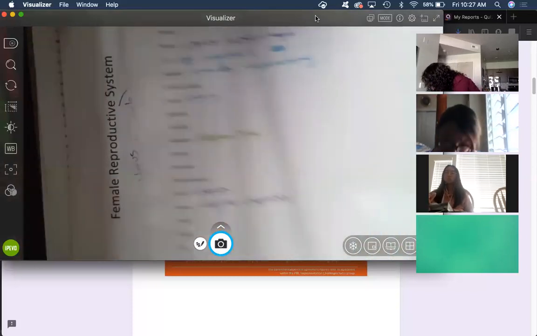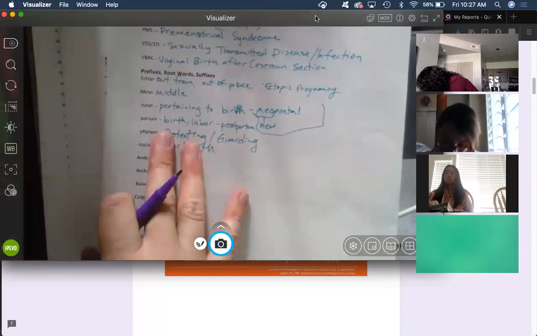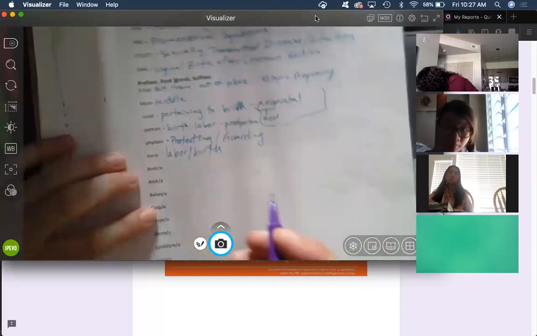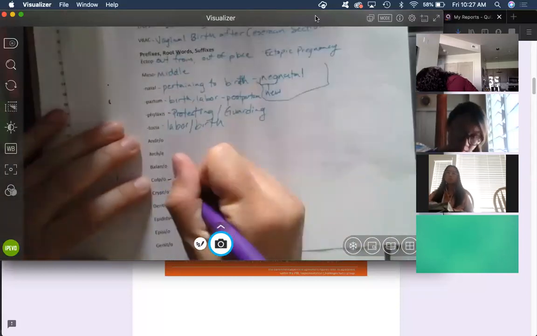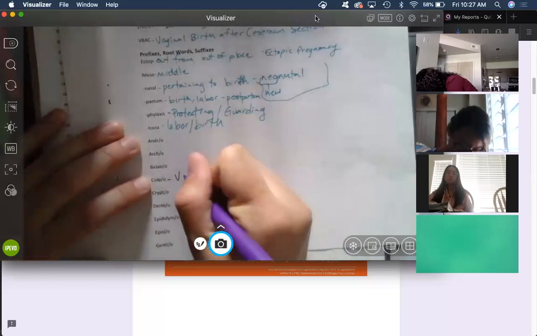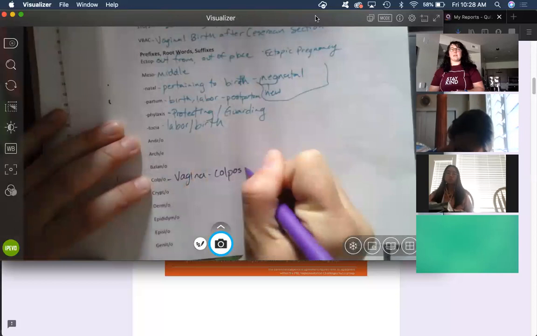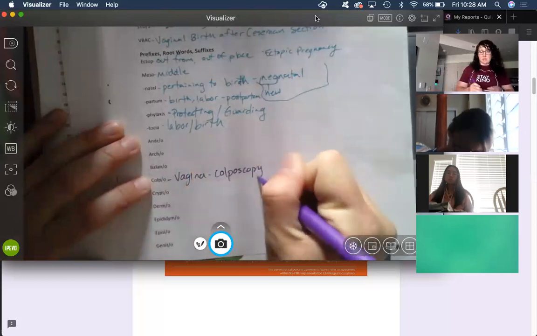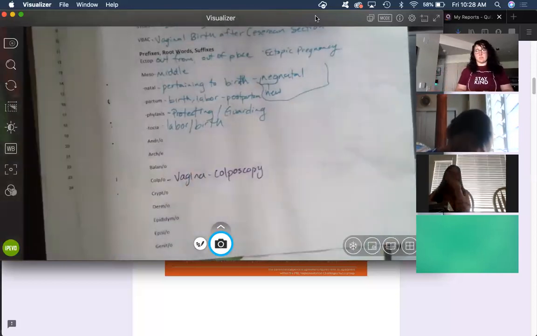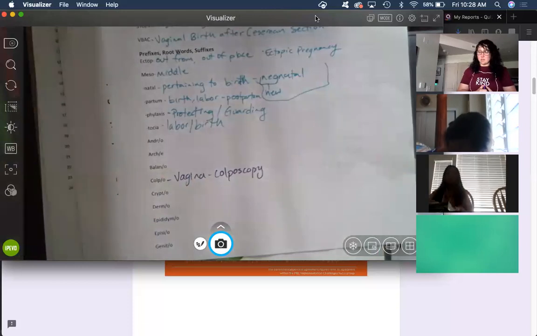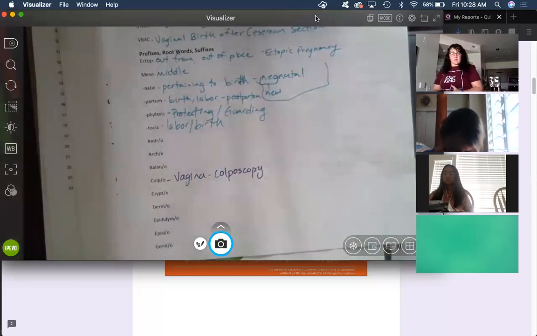When they do an exam, they'll do a colposcopy, which is different than a colonoscopy, okay? Colonoscopy is to look at the colon. Colposcopy is to look at the vagina, so that's a very different process. Okay, so that's the internal anatomy.